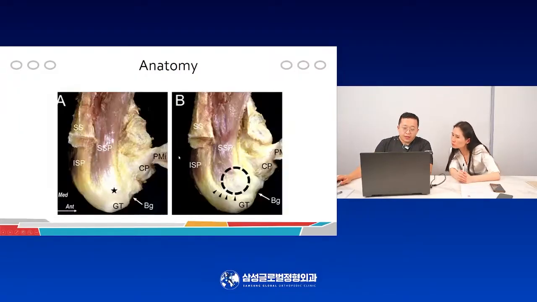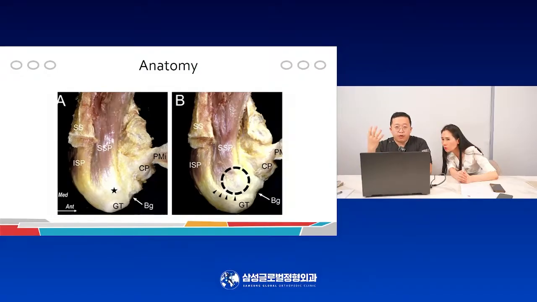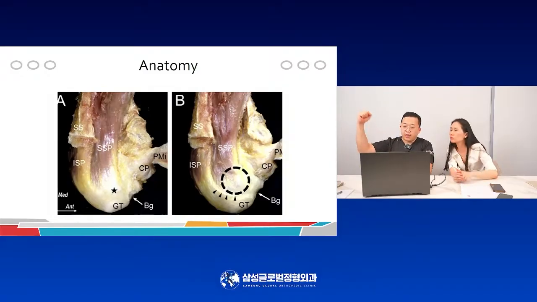So with those tendons, as you see, this is the humeral head. Every tendon covers the humeral head. With that, we can rotate our arm very functionally, okay? External rotation, and this way is internal rotation.